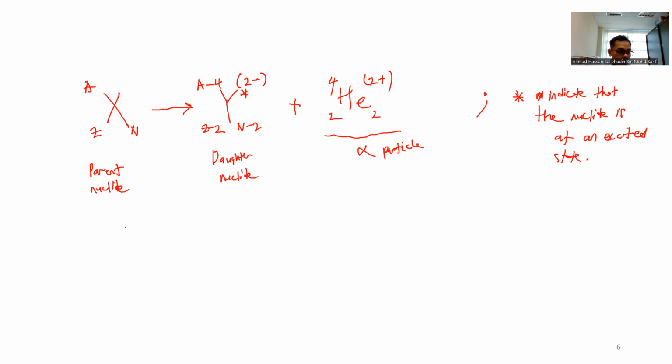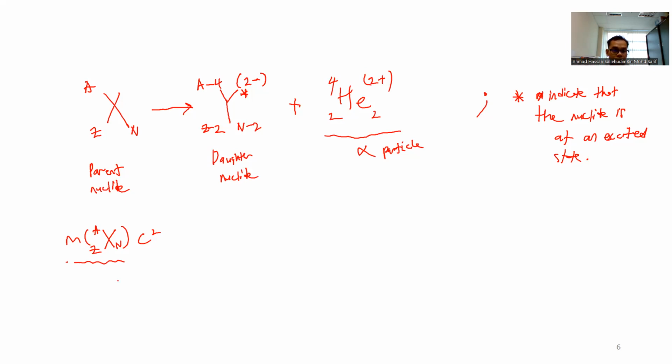So the mass energy of the parent nuclide can be expressed as what we did previously. So m is the mass of the parent nuclide, multiplied with c squared, that's the energy of the parent nuclide.